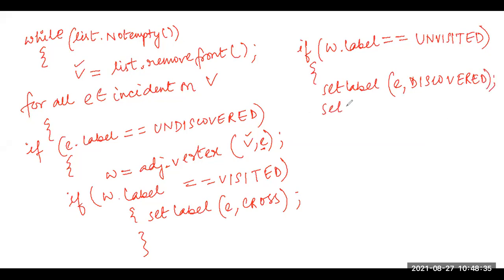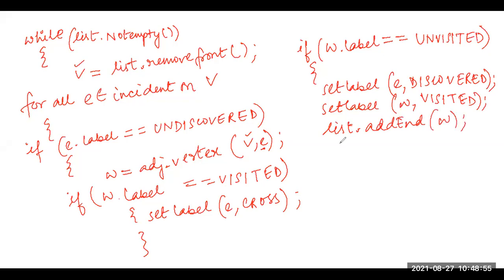Then I will set the label of that vertex to be a visited vertex. Then I will add that particular vertex at the end of my next level list. So this bracket is closed here, this bracket is closed here, this bracket is closed here, this bracket is closed here, and the main bracket is closed here.